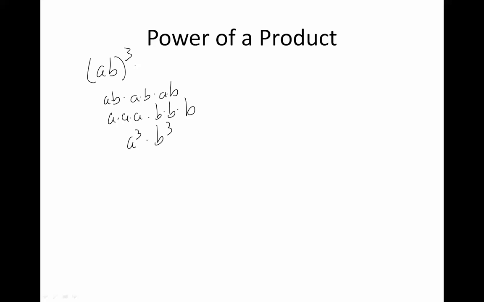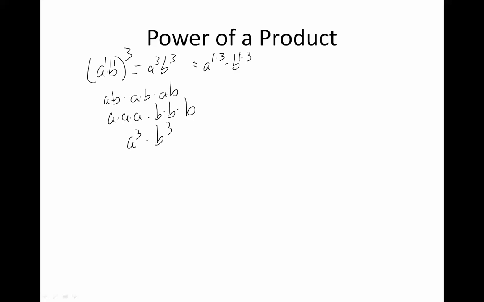Notice that what we did here is that we said everything in the parentheses, every term, is being taken to the 3rd power. So this is a to the 1 times b to the 1, so we have a to the 1 times 3 times b to the 1 times 3.